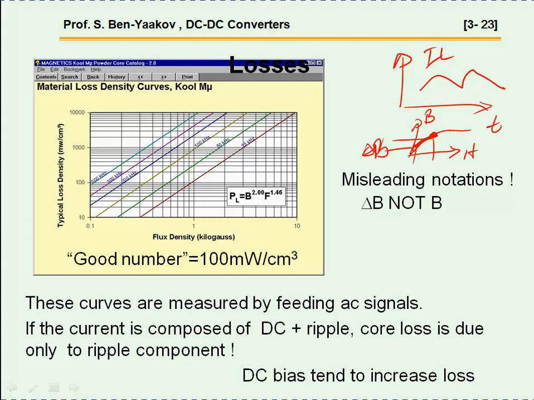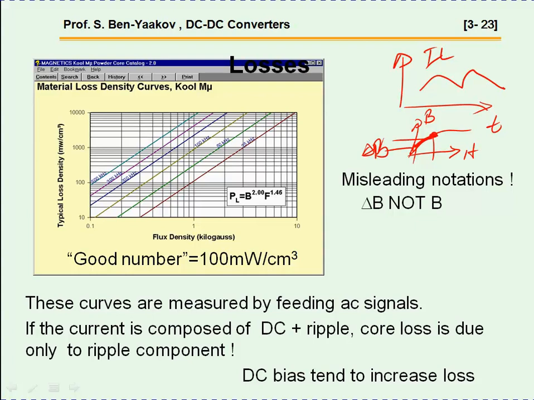Magnetic losses are a function of delta B because of the energy that has to be put into the core for actually magnetization, and one has to take into account that this is a function of frequency, because the higher the frequency, the more times you are changing the magnetic direction, and therefore the losses will be higher.